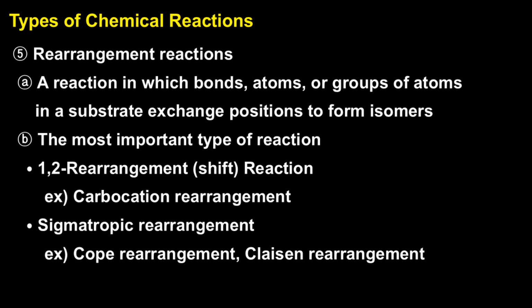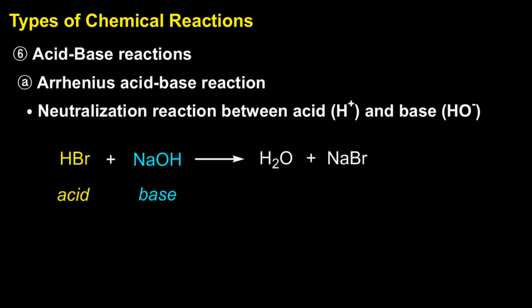This often happens during SN1 or E1 reactions, when a carbocation forms and rearranges to become more stable. Another important type is the sigmatropic rearrangement, a pericyclic reaction where sigma bonds shift within a conjugated pi system. Famous examples include the Cope and Claisen rearrangements, which happen in a single concerted step.